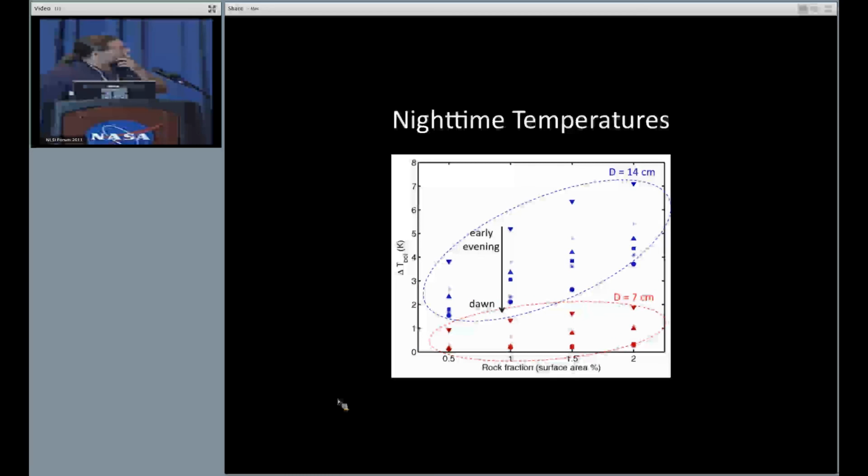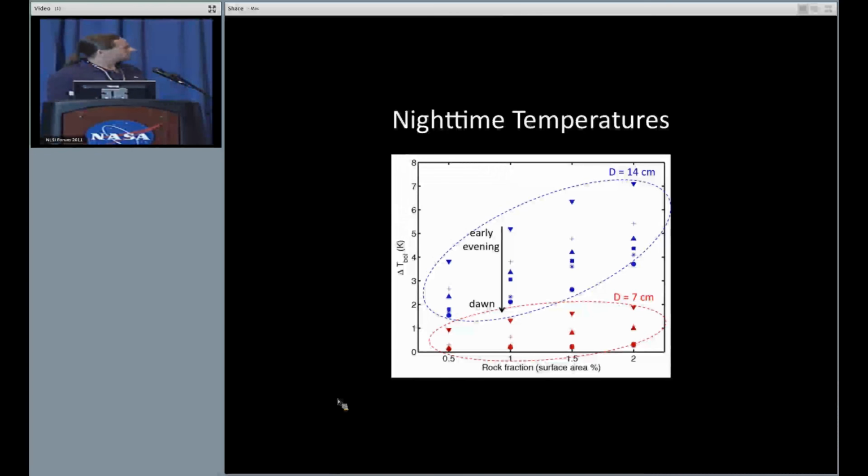And so here are the results for, again, a 7 centimeter and 14 centimeter diameter rock. So you can get an idea of how the rocks affect nighttime temperatures. This would be the temperature difference relative to a completely rock-free regolith, and then different surface area fractions that are filled with rock.